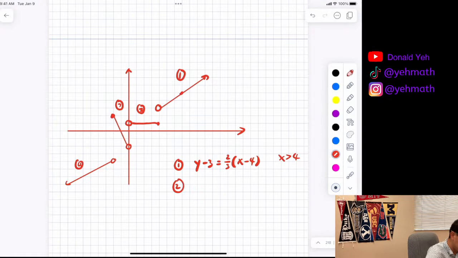Nathan, can you tell me the equation in this one? What is it? y equal to 1. What's the restriction?